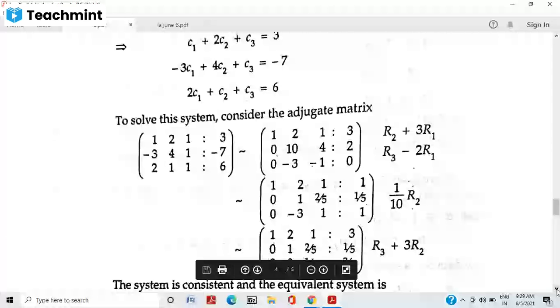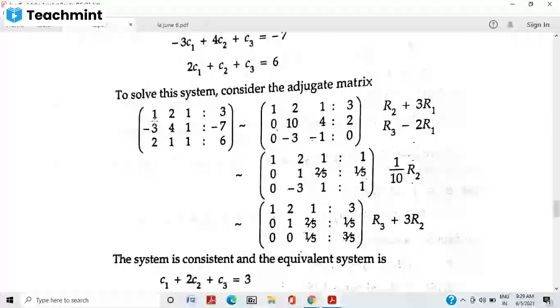Then what do we get? First row we are not changing. Then we get 1, 2, 1, 3. Next we are changing this one as R2 plus 3R1. Then -3 plus 3, 0. Then here what do we get? Next element, 4 plus 6, 10. Then 1 plus 3, 4. Then next is -7 plus 9.